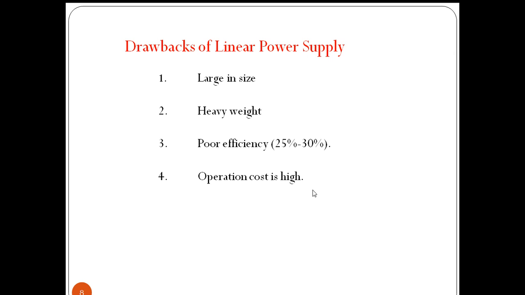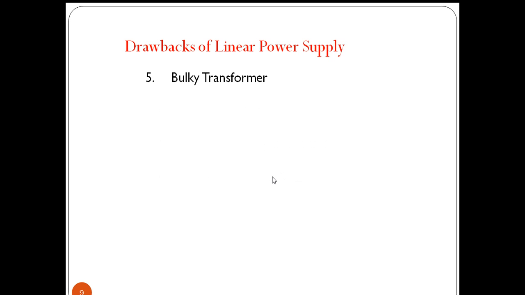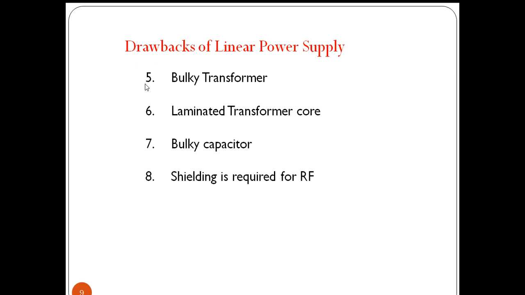Efficiency is around 30%, so it is less, and operational cost is also high. It consists of more number of components, so automatically the operating cost will increase, and it requires a bulky transformer, laminated transformer core, bulky capacitor, and shielding is required for RF.